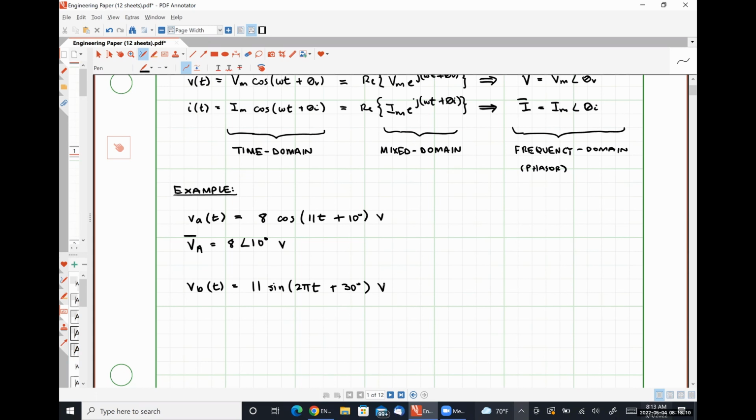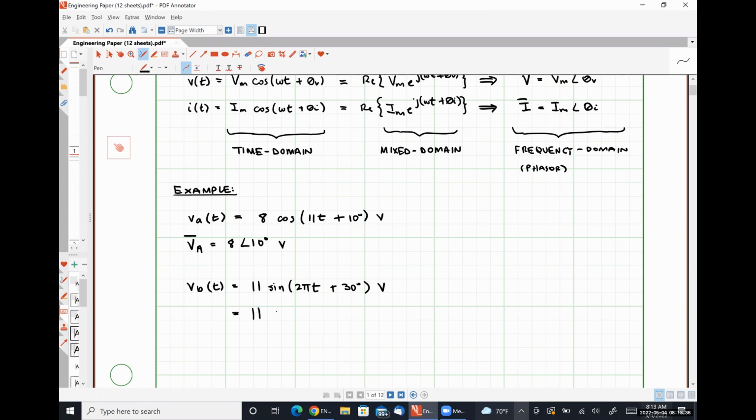So in order to convert this signal to a phasor properly, we would first have to convert this into a cosine function in the time domain, okay? What would VB(t) be expressed as a cosine function? Subtract 90 degrees from the phase angle.